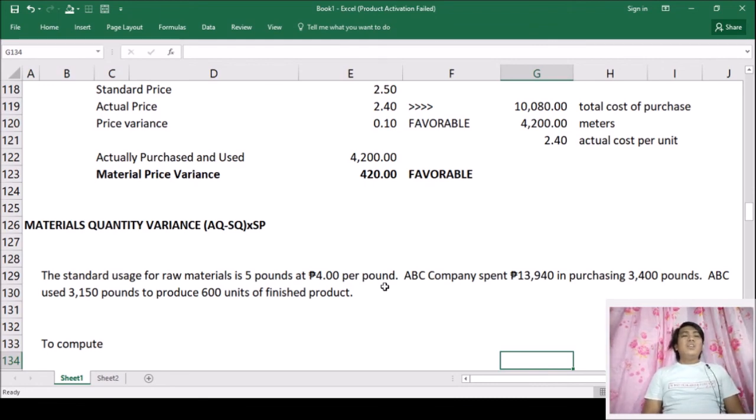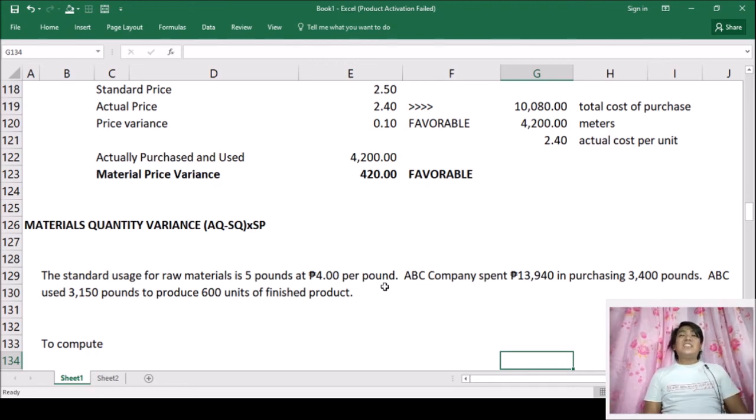So once we are required to compute the material quantity variance, because its other term is material usage variance, it must be based on the standard quantity less the actual quantity used. Again, standard quantity less the actual quantity used, because the material quantity variance refers to the variance in terms of usage.